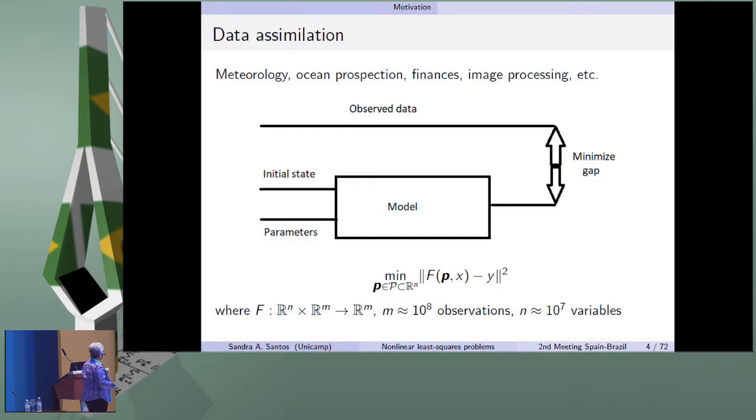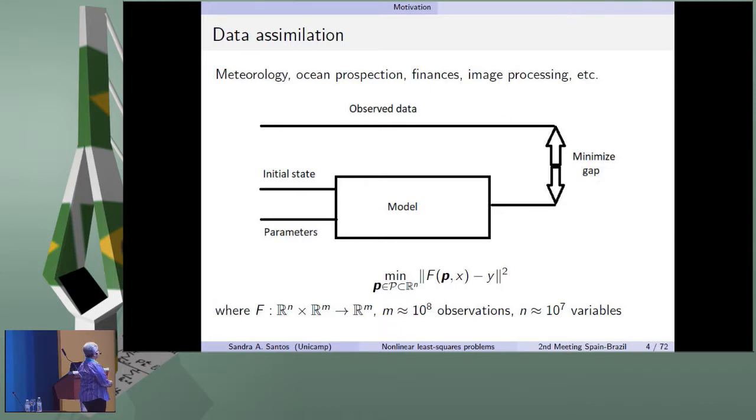So the idea here is to minimize the gap between the observed data and the model. And the nonlinear least squares model is used in this context. For example, in meteorology, there are 100 million observations and 10 million variables. So the problems are huge and challenging.